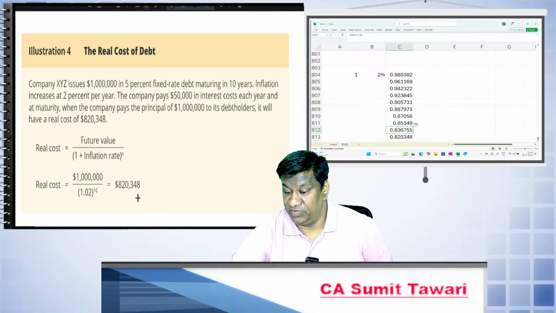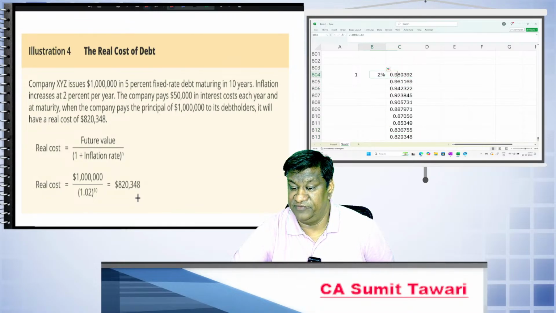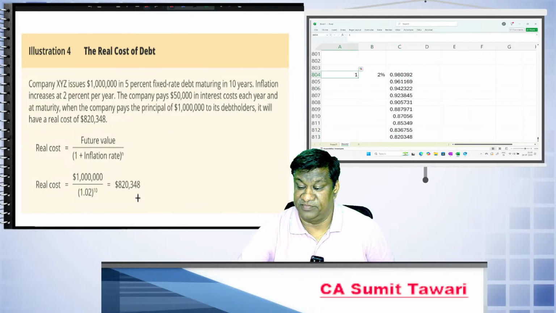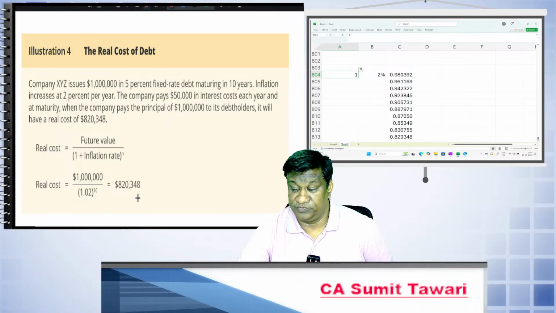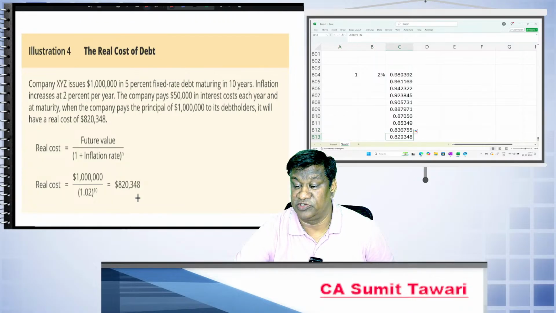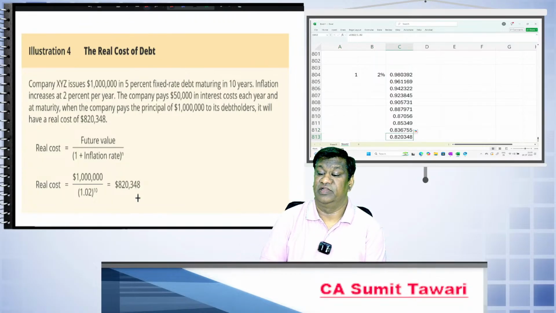Whenever I'm investing, if I'm getting 1 rupee after 10 years, that means I'm getting, as on today's value, 0.82 with a 2% inflation rate. So that's why we need to discount it.